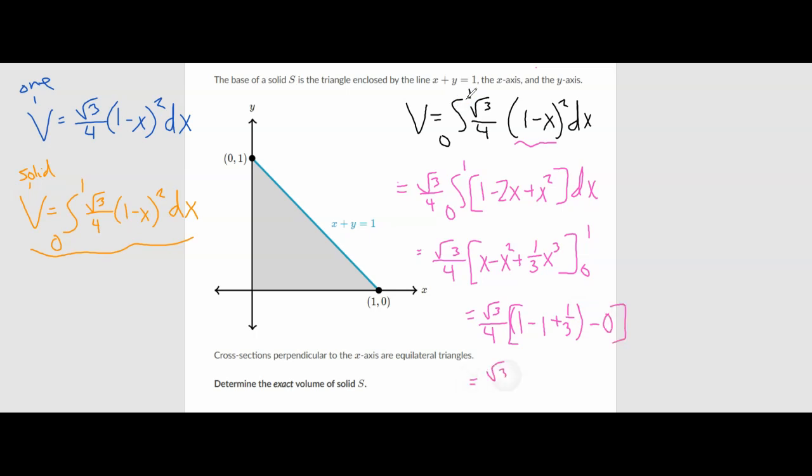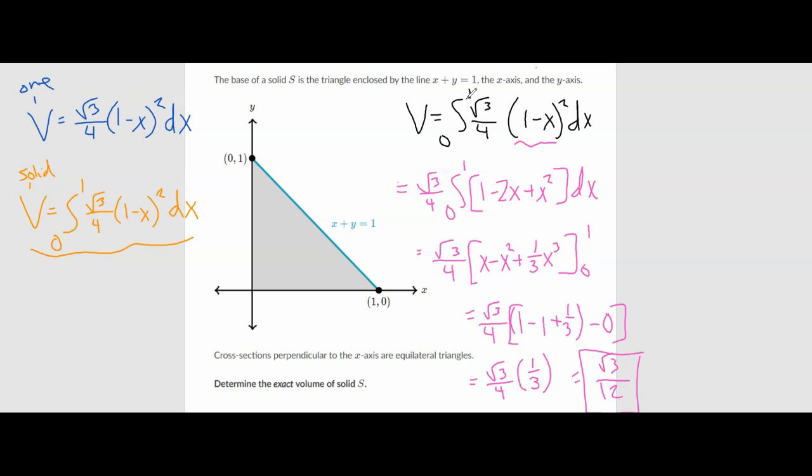So I get the square root of 3 over 4 times, well, 1 minus 1 is 0, plus 1/3 is 1/3, which gives me square root of 3 over 12. So I guess I take it back. There's not too many algebraic steps here. So this would fall into the non-calculator portion if they decided to put it on the exam.